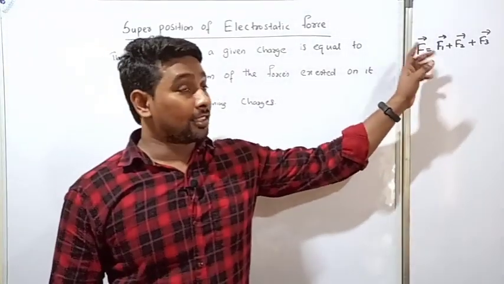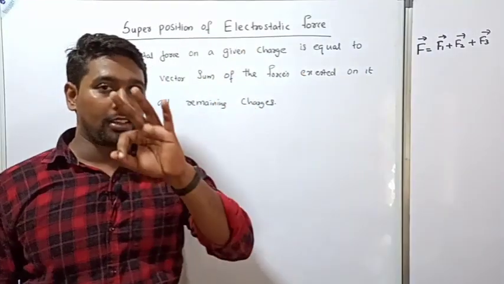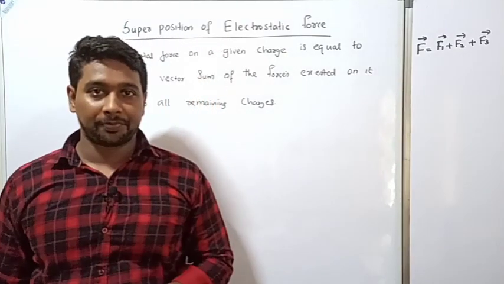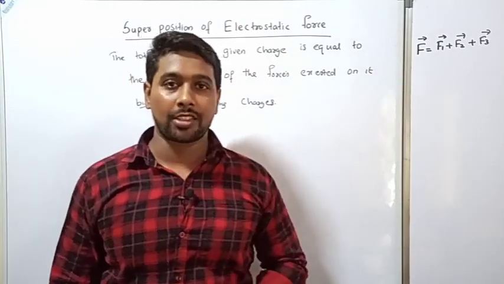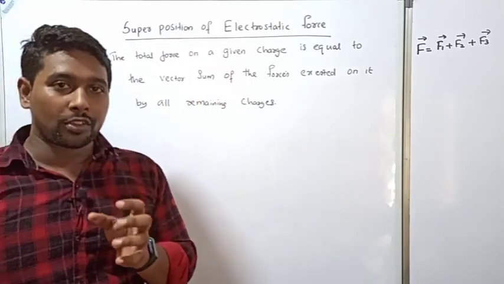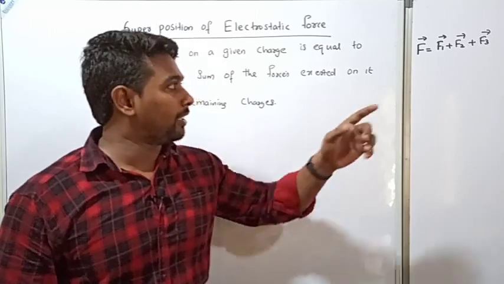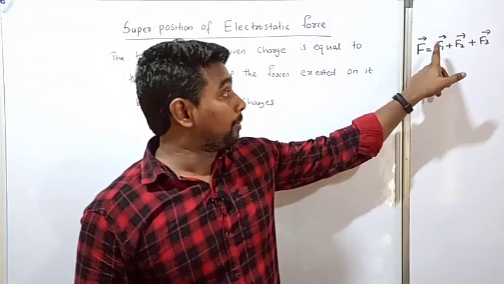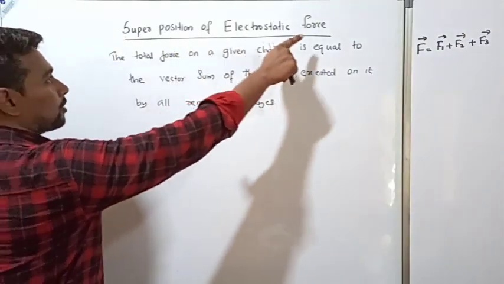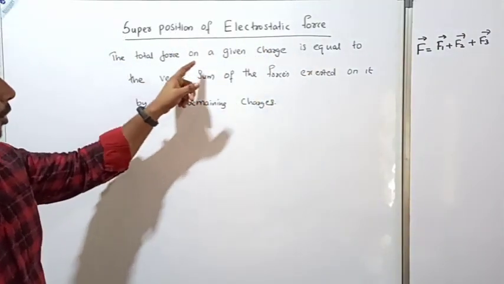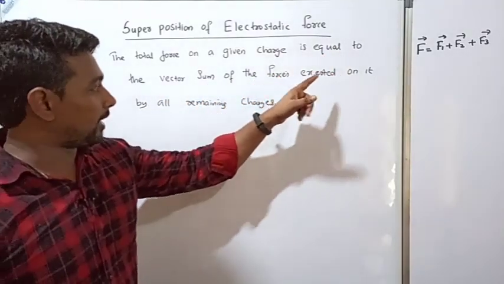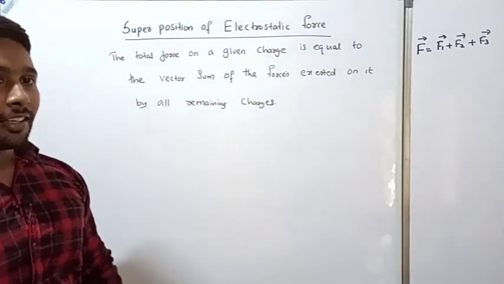In our example we considered only 3 charges and found the force on a charge Q placed at position vector R. The resultant force on that charge is the vector sum of all the other forces. That means superposition of electrostatic force says that the total force on a given charge is equal to the vector sum of the forces exerted on it by all remaining charges.